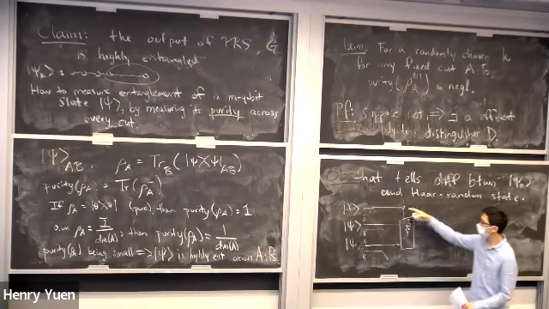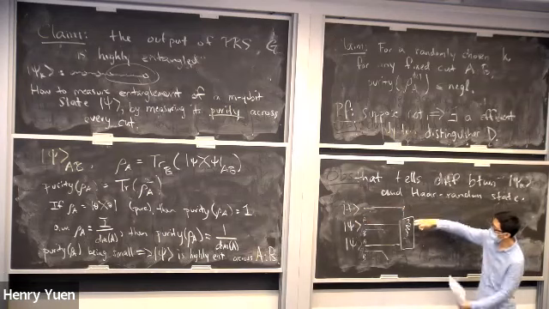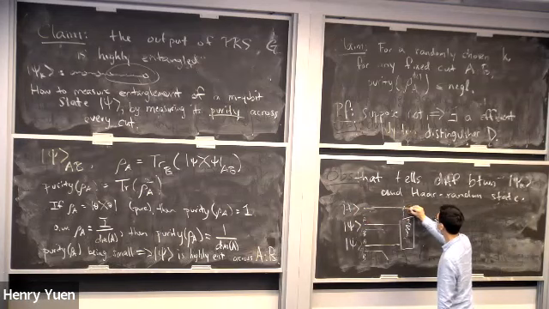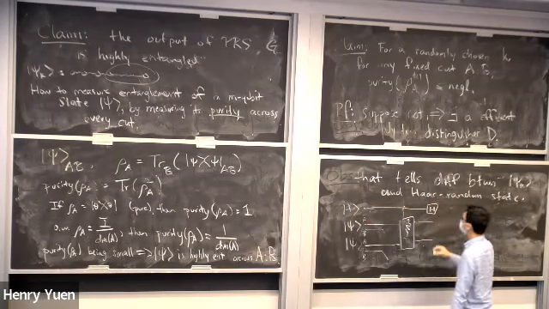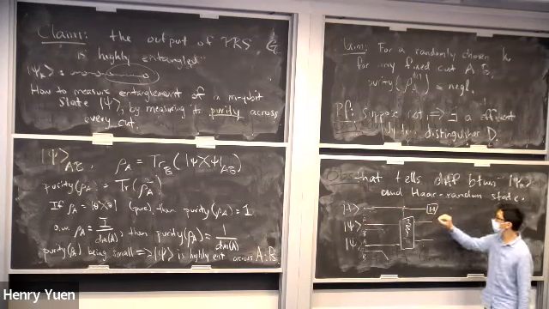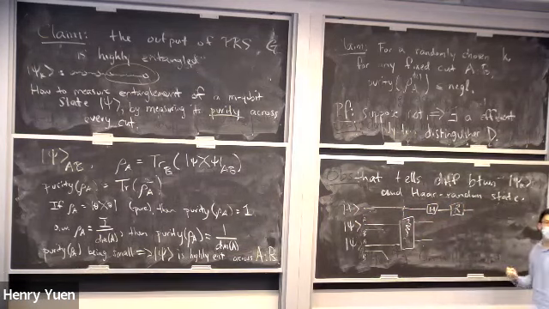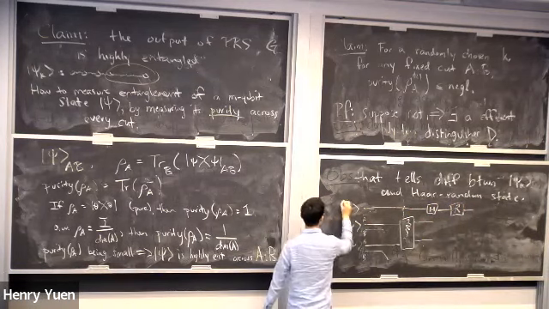If it's 0, then it doesn't do anything. If it's 1, then it's just going to swap those sets of qubits around. You perform a Hadamard on this control qubit, and then you measure. That is the output of our distinguisher.